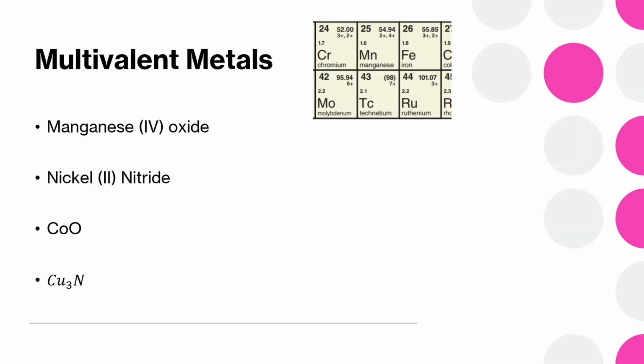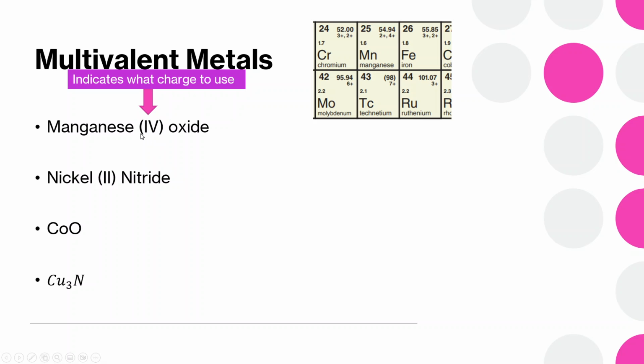So if you take a look at manganese on your periodic table, what you should see here is that there's a +2 or a +4 in the spot where the common charges go. Now, between those two, the 2 is the more common one, but what I've done is I've indicated what charge to use with that Roman numeral.